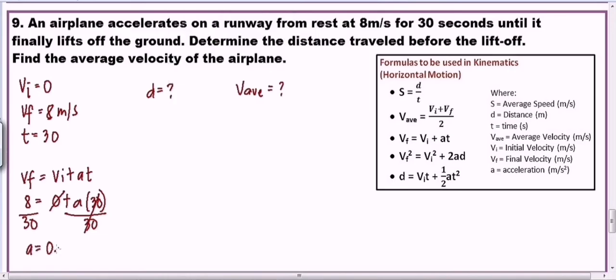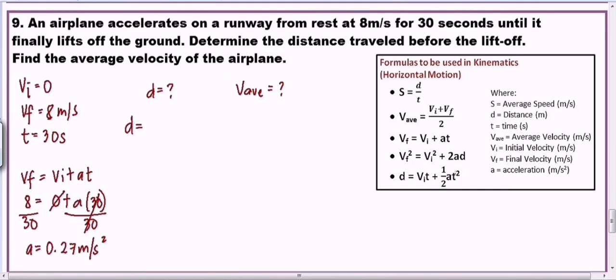So A is equal to 0.27 meter per second squared. Okay, pareho ba naka-seconds? Ayan, pareho naman siya seconds, guys. So walang problema dyan. Okay, so meron na tayong A, makukuha natin yung D.